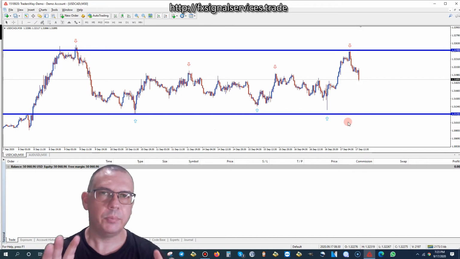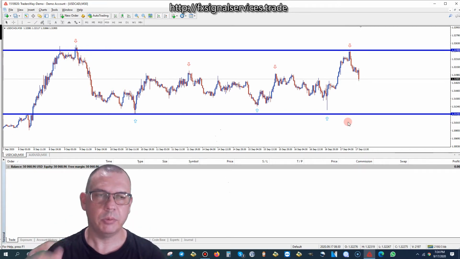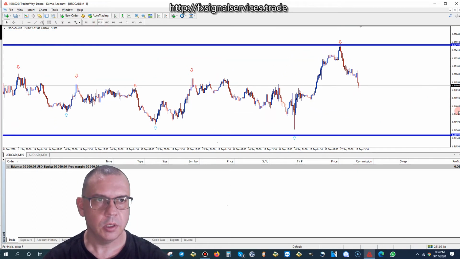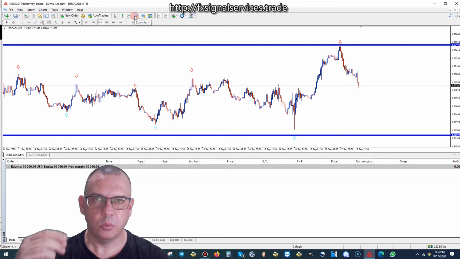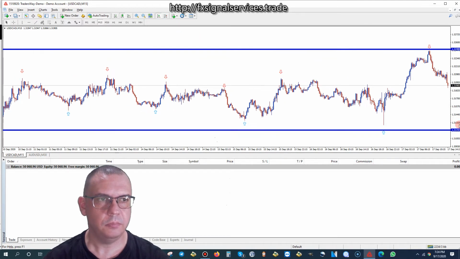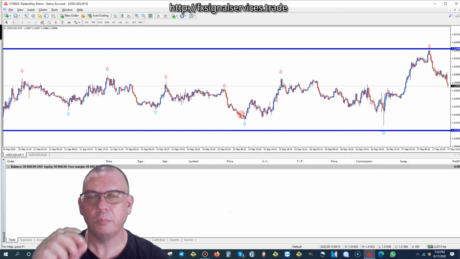Typically ranging markets are excellent to trade, because if you go on a 30-minute or even a 15-minute chart, you can see a finer, clearer picture. If I shift the chart to the right, you can see all these ups and downs, a lot of small movements, I call them micro movements.